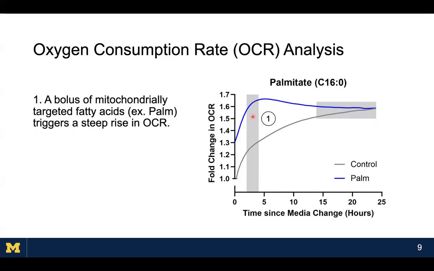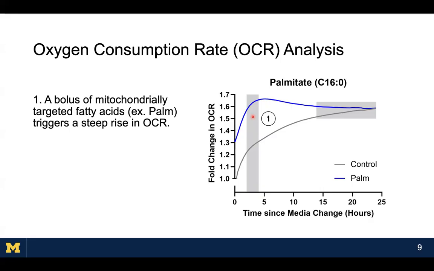And that's because without any inhibitors, palmitate is allowed to enter the mitochondria and run through beta oxidation really quickly to produce acetyl-CoA that feeds the TCA cycle that fuels the electron transport chain that consumes oxygen. And that happens really quickly when there's this 300 micromolar bolus of palmitate to the cells.